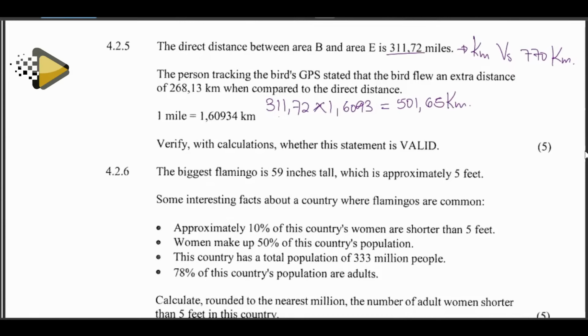So what are we looking for? We subtract now from the distance it covered the one that we've just got. And we look for the answer, 268,35. They are saying an extra 268, which is valid.